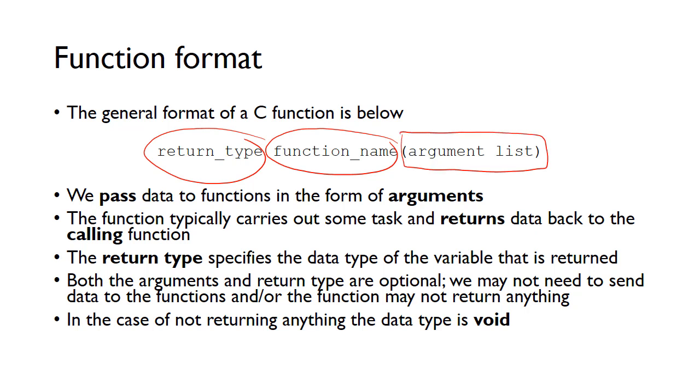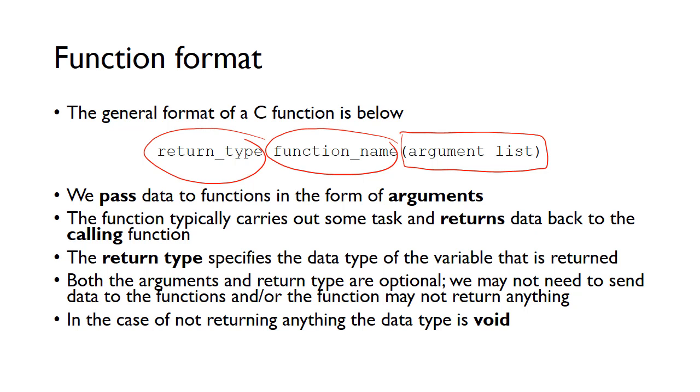When we call a function, we can also pass data to the function. We'll see later we're going to write a function to do some calculations on a circle. For example, if you've got a function to calculate the area of a circle, you'll need to pass the radius of that circle to the function. The function then carries out some task and returns data back to the calling function.